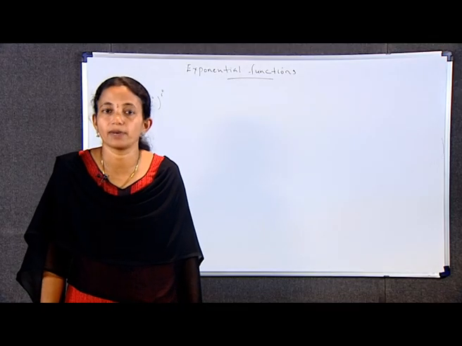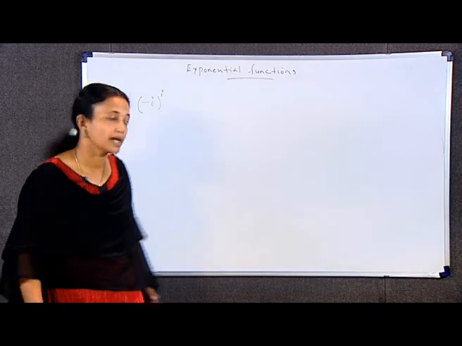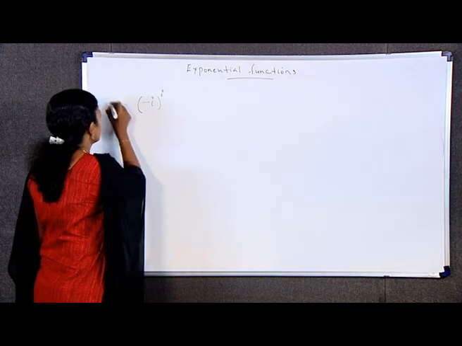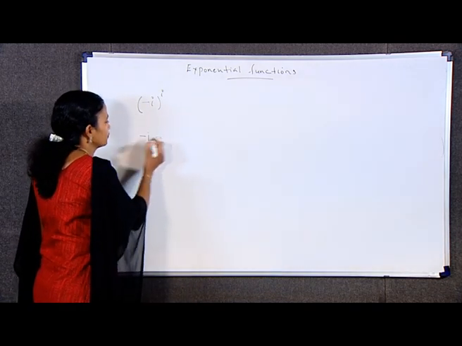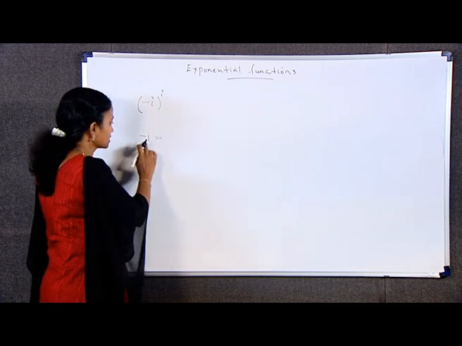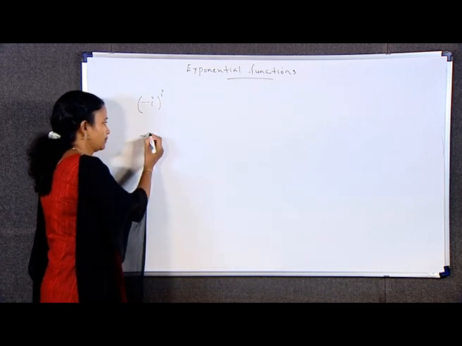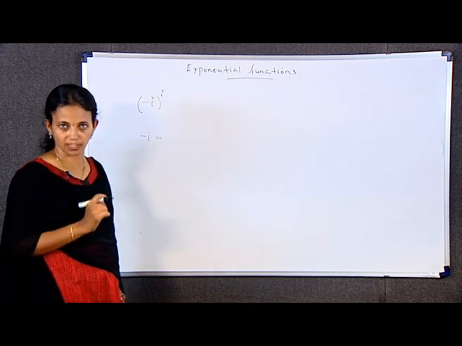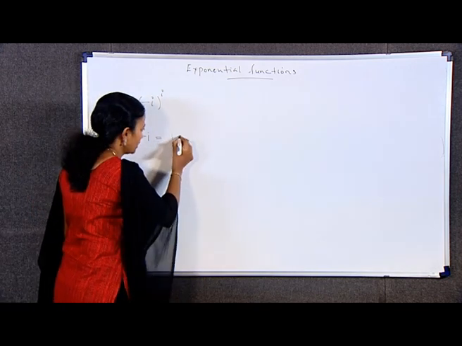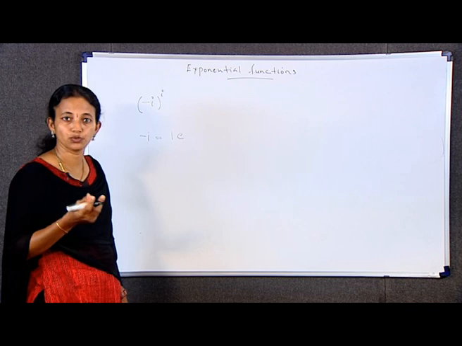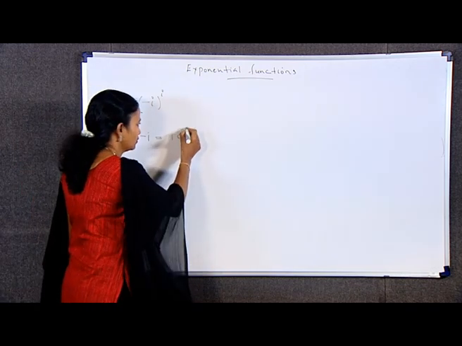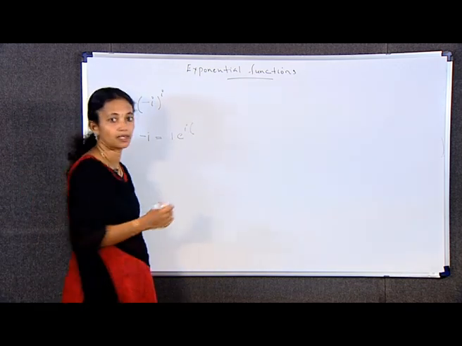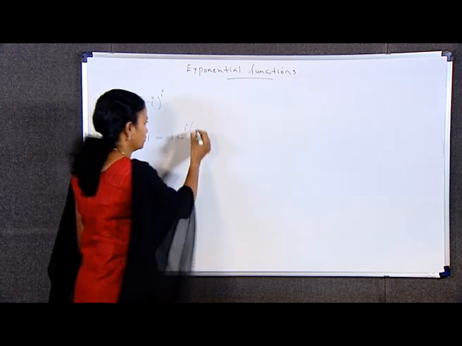Next, we have to find the principal value of minus I raised to I. Here we have to find the principal value. We know minus I is equal to 1 into e raised to I into minus pi by 2.